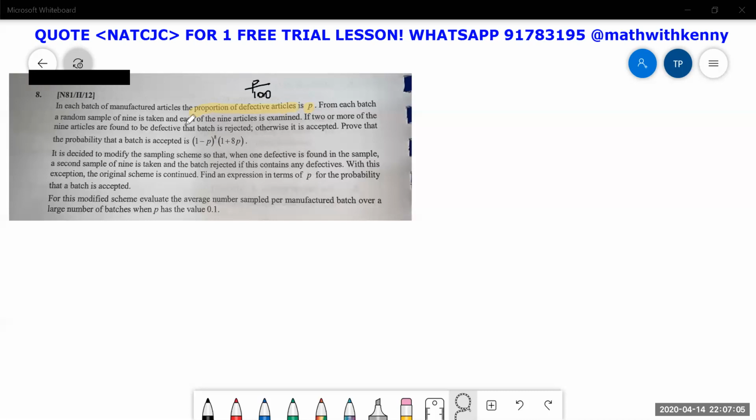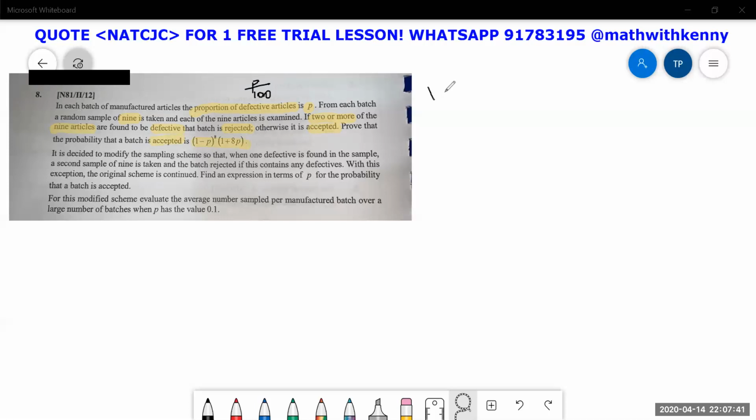From each batch, a random sample of 9 is taken, and each of these 9 articles is examined. So we know that n is 9, and the probability of success, which is p over 100, where success means the article is defective. If 2 or more of the 9 articles are found to be defective, the batch is rejected, otherwise accepted.